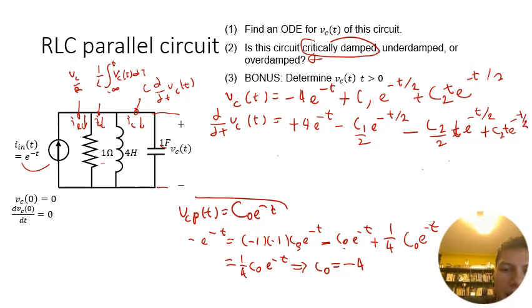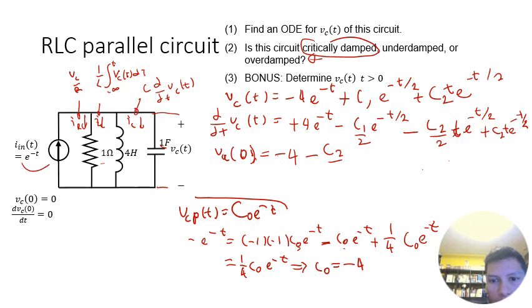Okay, so now I'm going to apply the initial condition at 0 to find C1. And so I'm going to get negative 4 times e to the 0, which is 1, plus C1, and then this term will go away, so that's just 0.